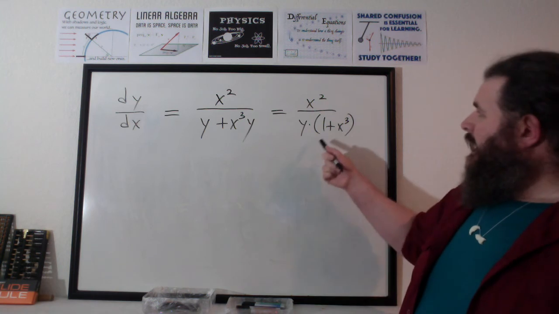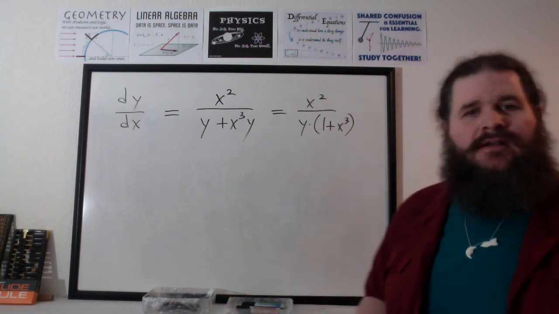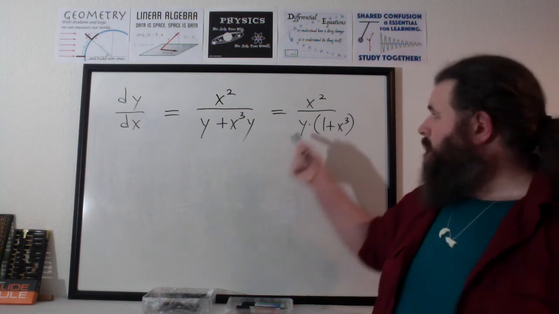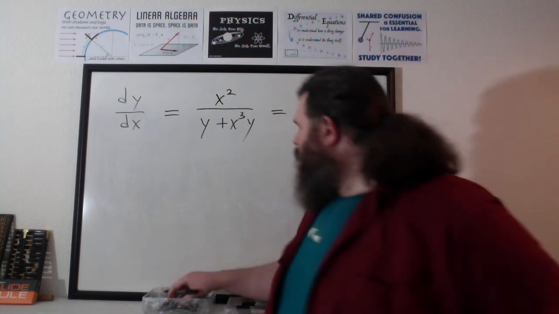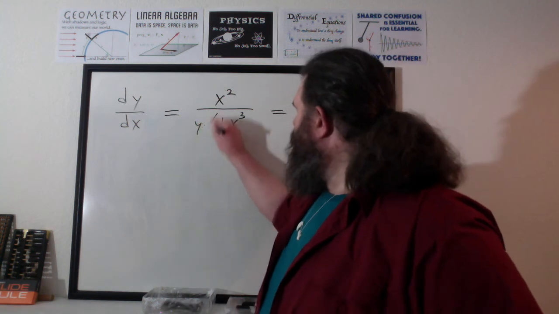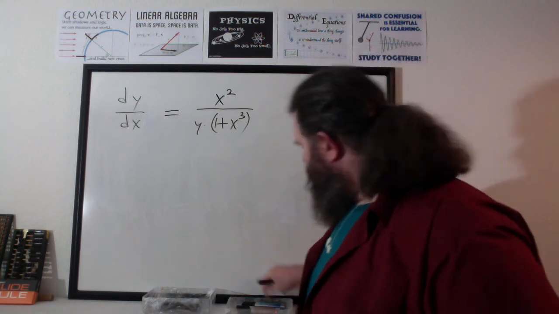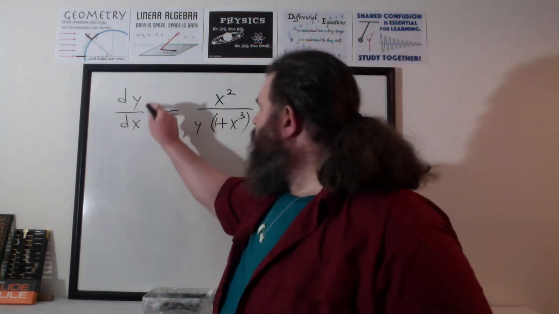And since we now have y here separated by multiplication and/or division, we can get rid of that y by multiplying both sides by y. So let's try that. Again, we want to start by multiplying both sides by dx.